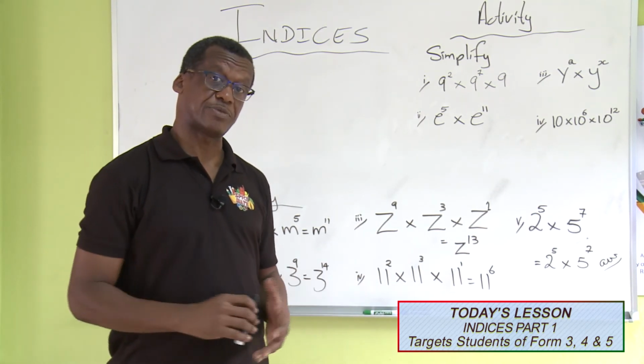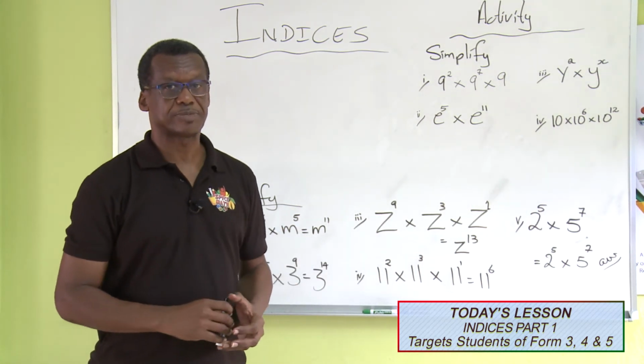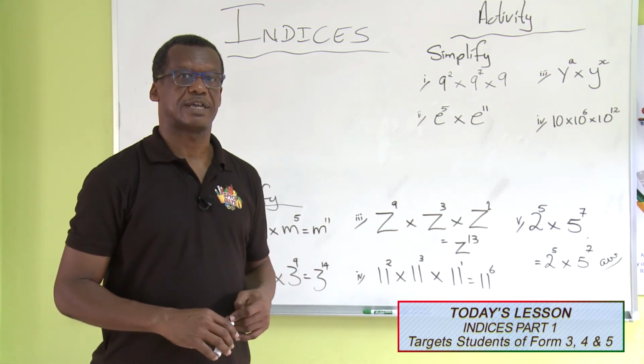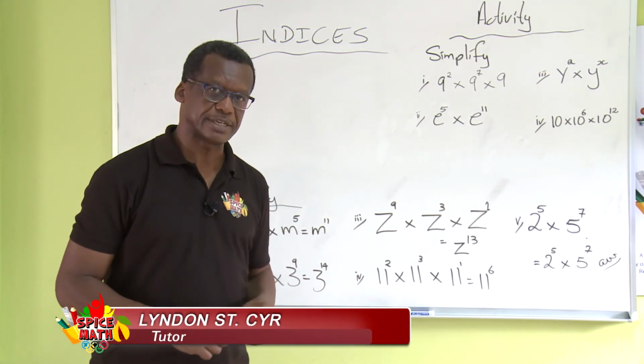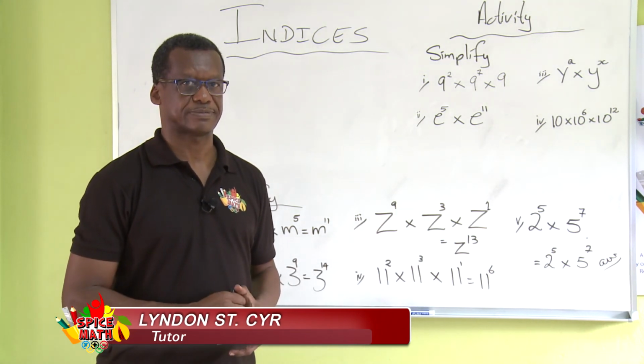We also learned that if you're multiplying quantities with the same base, you can simply keep the base and add the powers. And that rule is going to come in very handy when you have to work very long expressions in indices.